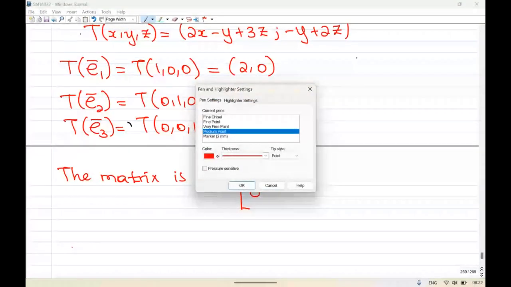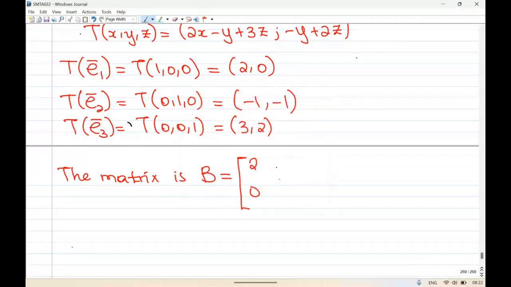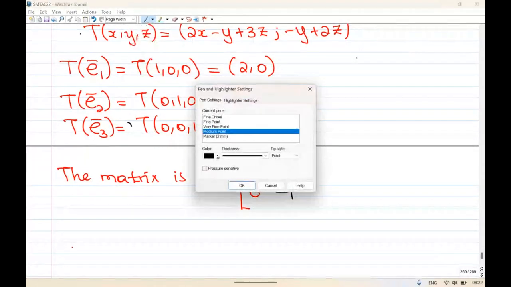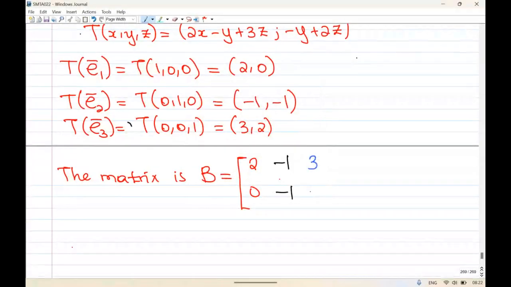Do you understand, colleagues? And then minus 1 and minus 1. Can I get yes that everything is fine? Then you have 3 and then this 2. Do you agree?